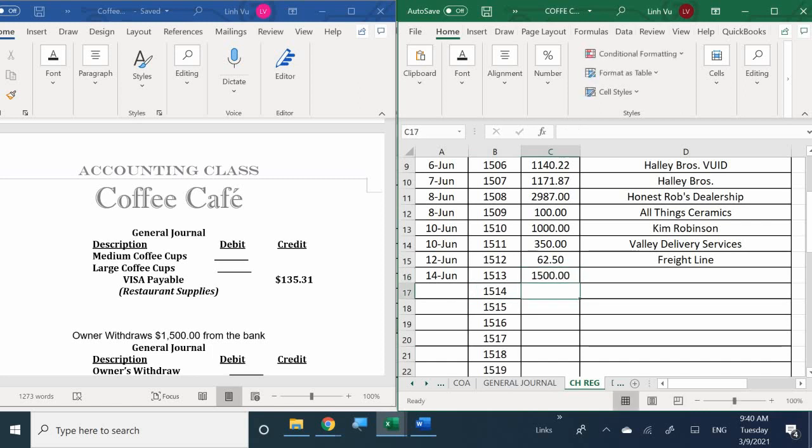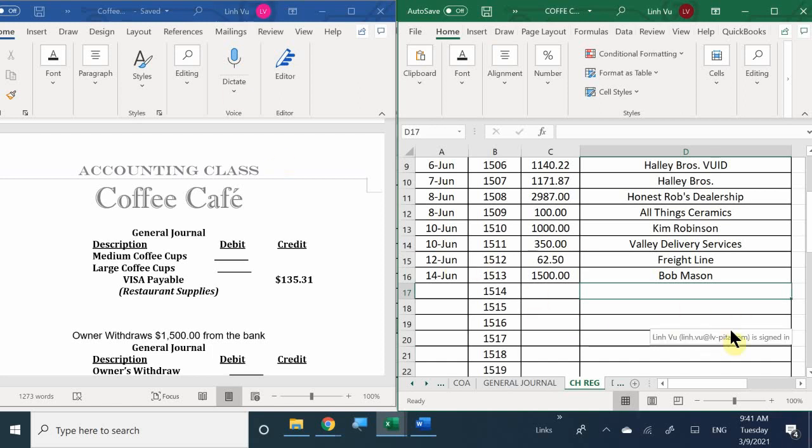Let's write the amount here, and the owner of the company is Mr. Bob Mason. He was a customer in QuickBooks, and now he's the owner of this company.